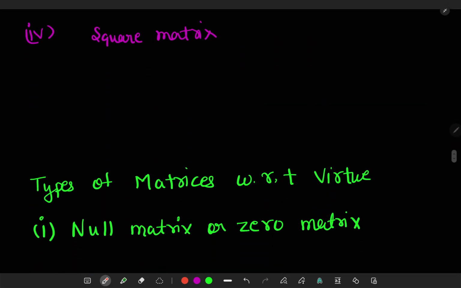Now square matrix, a matrix which can be represented in the order of n into n.